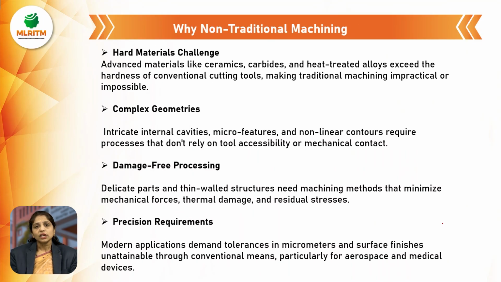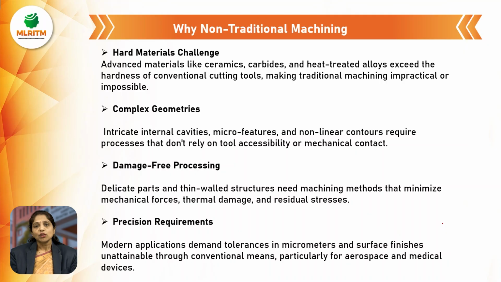So even though we can do all the machining by conventional methods, why are we going for non-traditional machining? These are the four major challenges which are not possible by conventional methodology, like the hard material challenge.